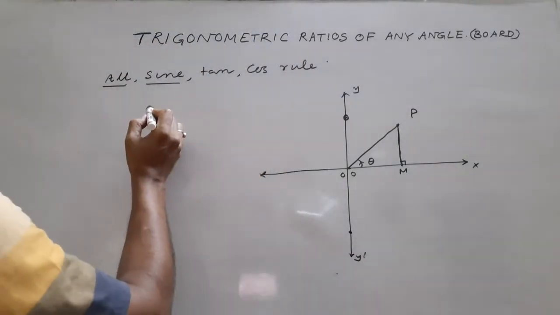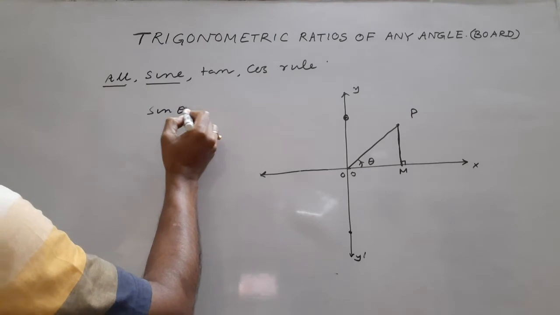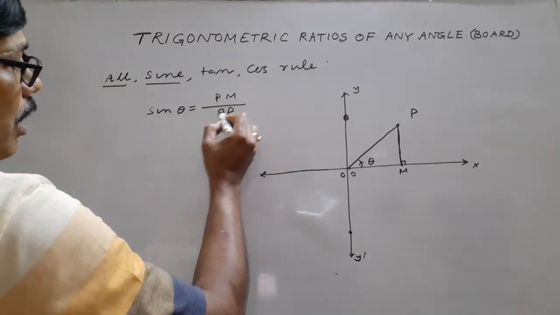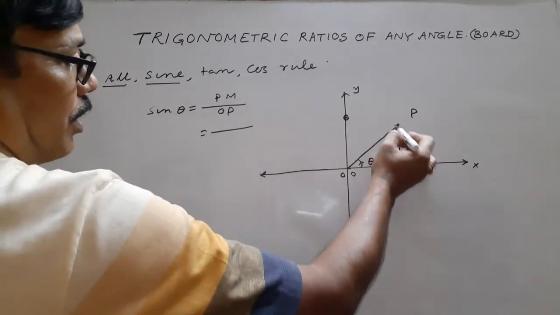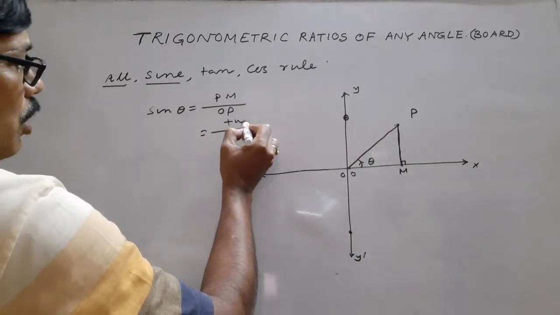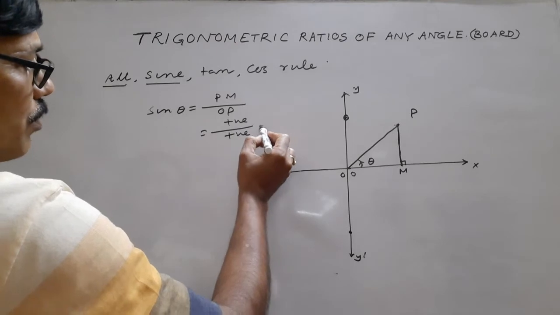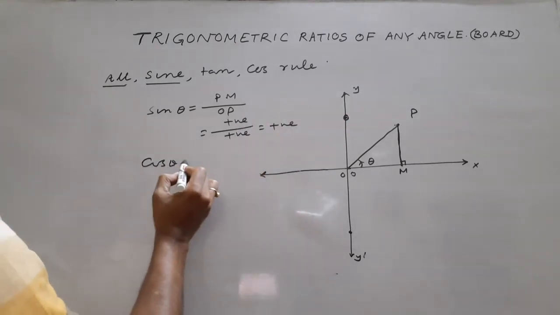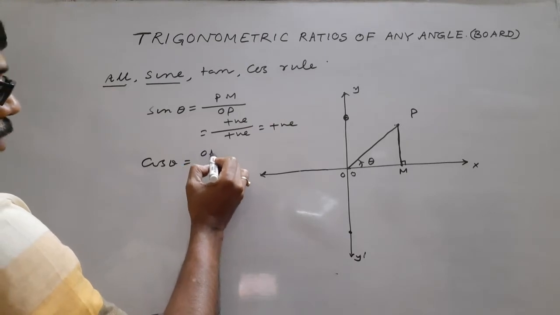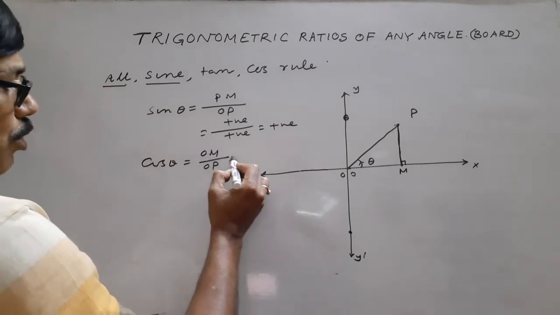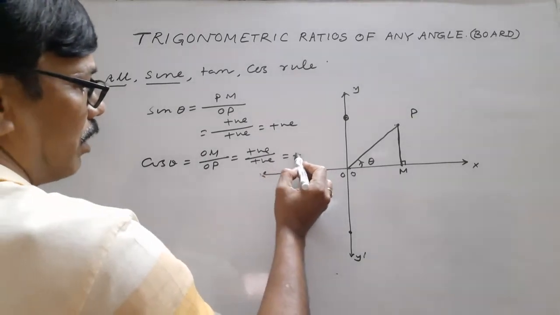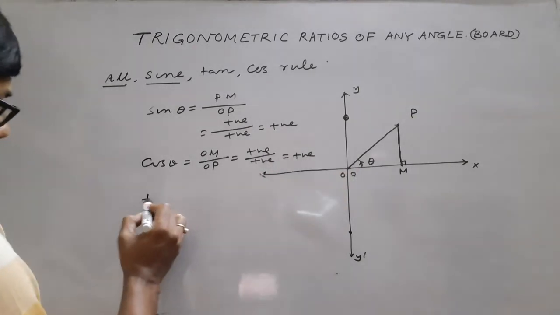So sine theta is PM by OP. Now PM is positive. OP, this is our assumption, so positive. Cos theta, OM by OP, so positive by positive. You only remember the result.